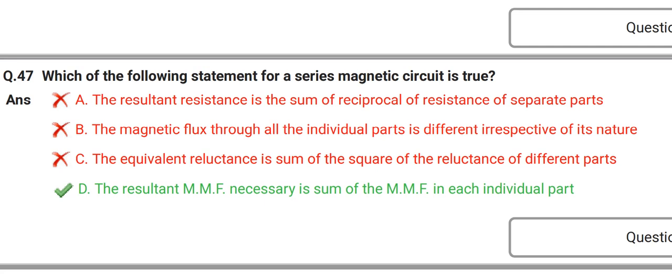Like a resistance, the reluctance is the sum of the reluctances of the different series parts, not the square. The answer is the equivalent reluctance is the sum of the reluctances in the series circuit, or we can say the resultant MMF necessary is the sum of the MMF in each individual part connected in series.